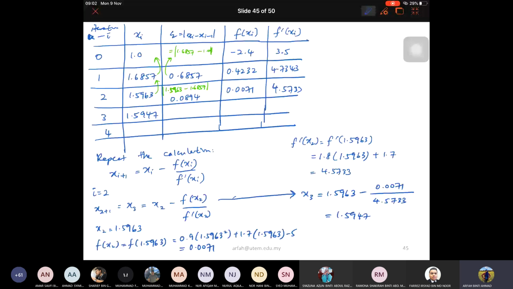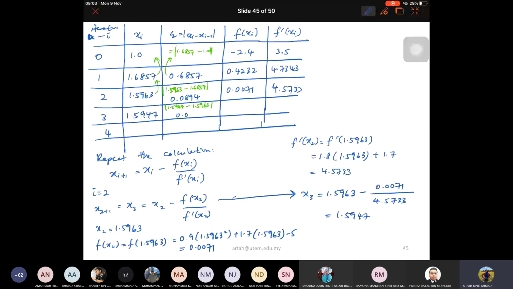So yang ini pula awak ambil dia punya error term, modulus 1.5947 tolak 1.5963 taking the modulus. So you will get the error term for this one is 0.0016. Dapat? Untuk X yang ketiga.